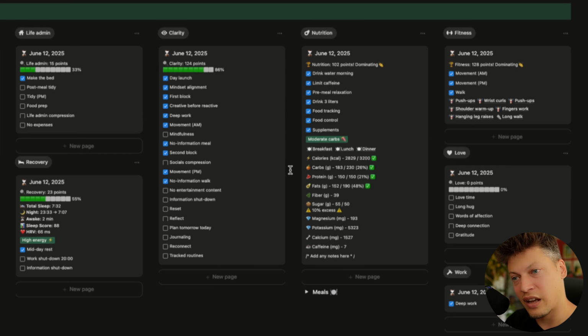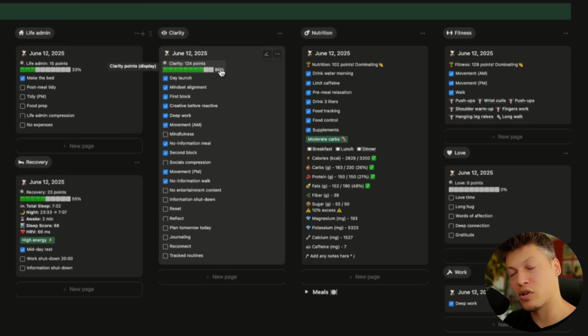And in the next step, you aggregate those scores per domain. You can see I have points for clarity, points for nutrition, points for fitness, etc. Since every checkbox has a specific number of points associated with it, I can easily aggregate it into a score for a domain in general. Next step is you set targets for each domain. This is what gives me this progress bar and percentage point.